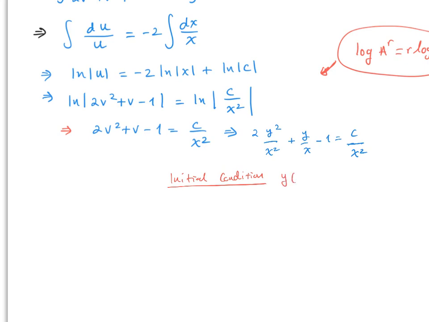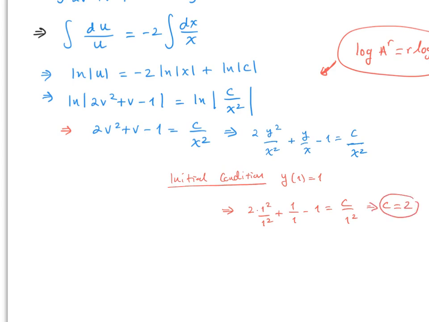So y of 1 is equal to 1. So from here we will have 2 times 1 squared over 1 squared plus 1 over 1 minus 1 is equal to c over 1 squared. And from there you can tell right away that c is equal to 2.